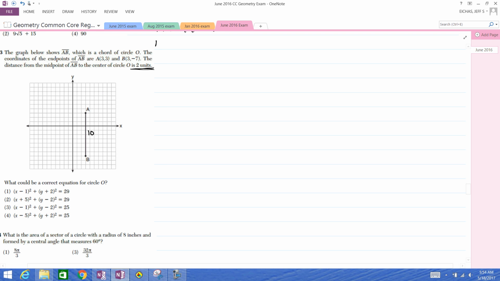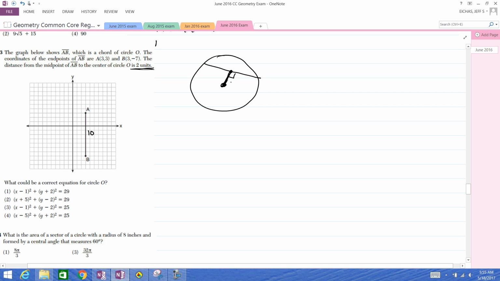When you look for problems like this, what we have to know is that there's a distance a chord is from the center. And what you do to find that distance is you go to the midpoint and perpendicular back to the center.